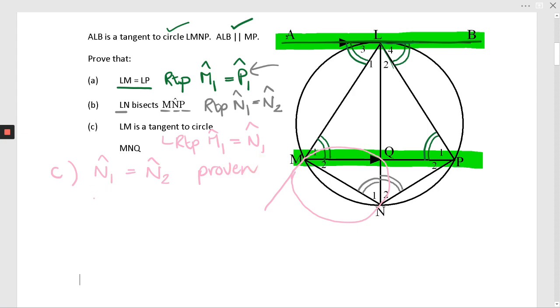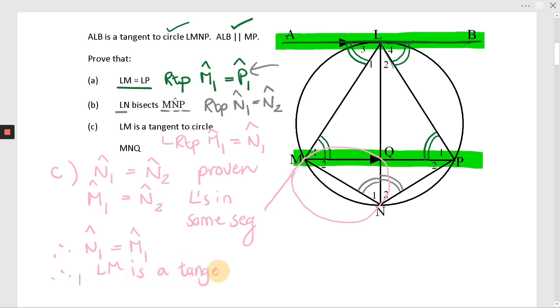But then I also have that M1 equals N2, and that was angles in the same segment. Therefore, N1 equals M1. Therefore, LM is a tangent to the circle MNQ, and my reason is converse tan chord.